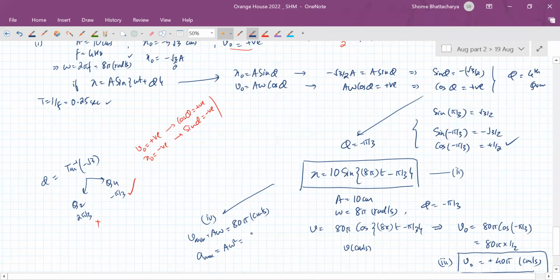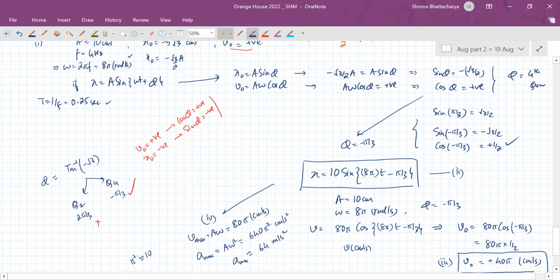So that will be 640 pi square in centimeters per second square. Now you can take pi square as approximately 10. So this will approximately become 64 meters per second square.